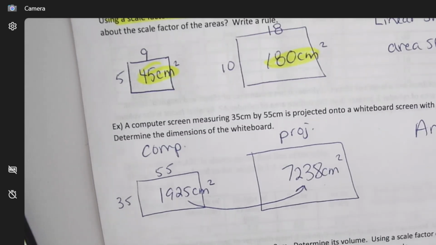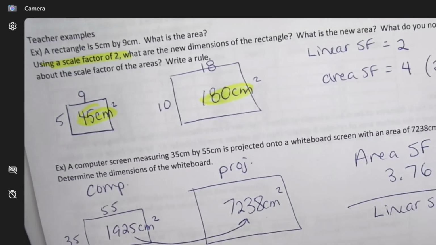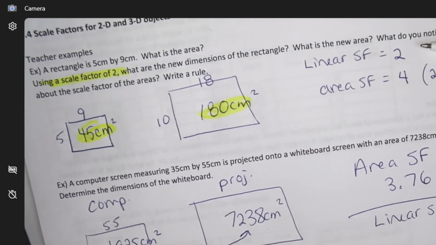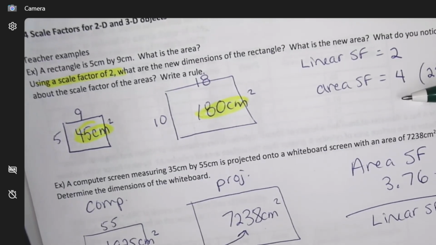Okay, so here's my question now. If I know the area scale factor, how can I get the linear scale factor? Okay, so I'm going to go back here. Here I had the linear scale factor, and I squared it to get the area scale factor.